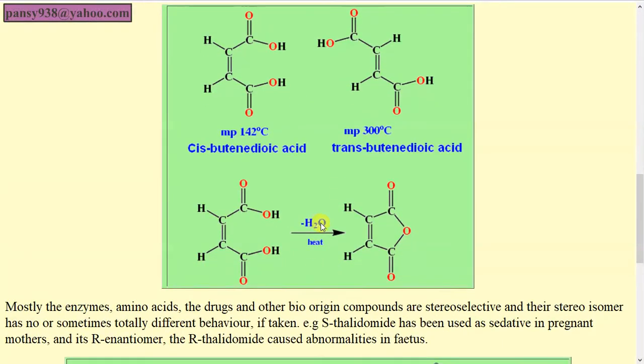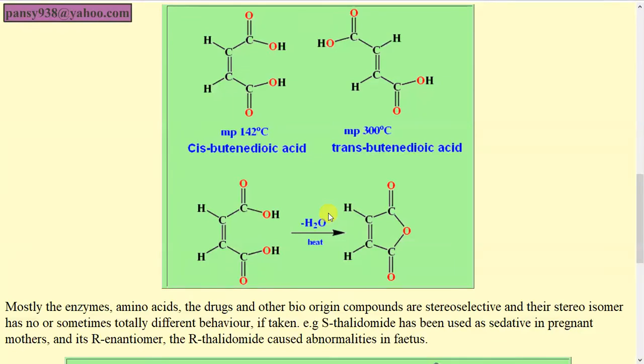When water is eliminated by heating from cis-butenedioic acid, the cyclic anhydride is formed, while in the case of the trans isomer, both hydroxyl groups are situated farthest apart, and it is quite hard for this molecule in the trans form to eliminate water and gain such a cyclic structure.